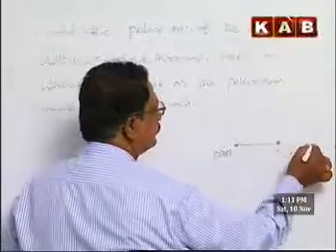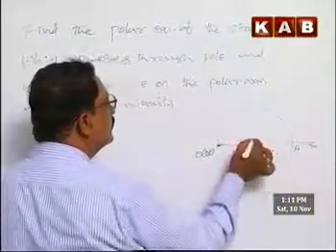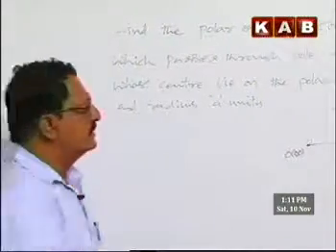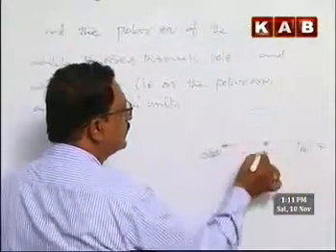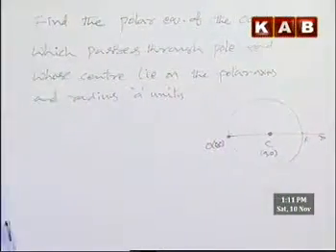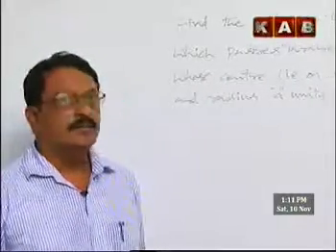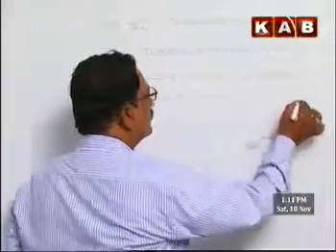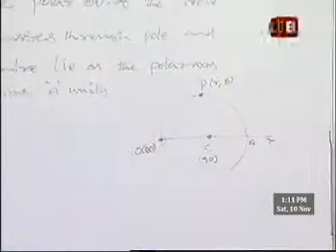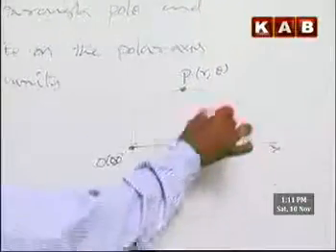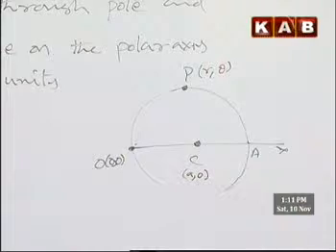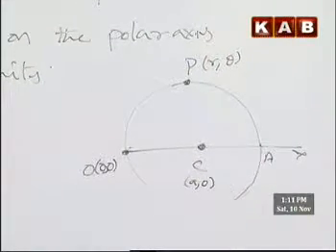Now, given radius of the circle A units, then OC equals to A, then the coordinates of the point C are (A, 0). Consider P(r, theta) be any point on the circumference of the circle.